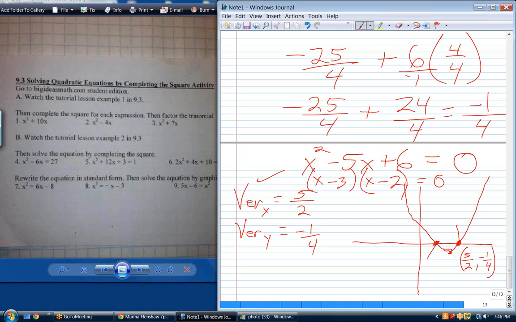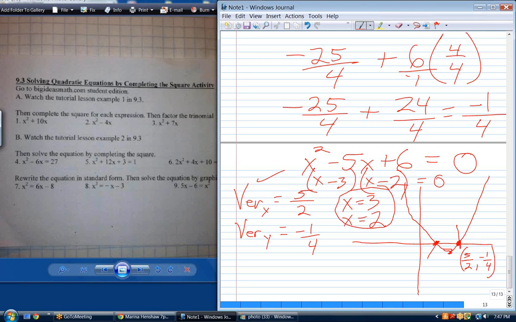We've got the vertex labeled, but in order to solve the equation, x equals positive 3 and x equals 2. Exactly. So now, after we've solved the equation, we can adequately graph it.